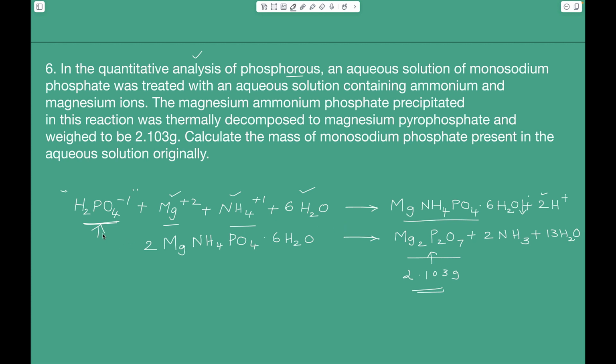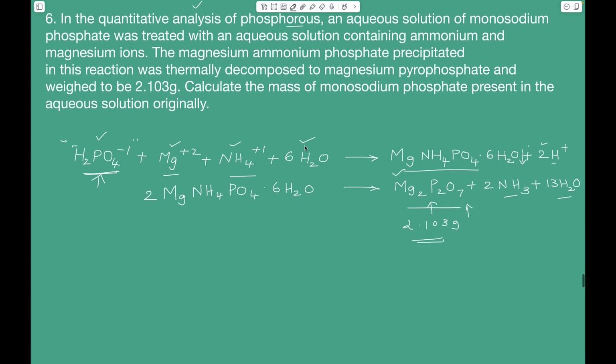Now, among the reactants that we have taken, phosphorus is present only in monosodium phosphate, that is here. It is not present anywhere else. And eventually, all that phosphorus is ending up in magnesium pyrophosphate, that is this. And see, there is no phosphorus anywhere else.